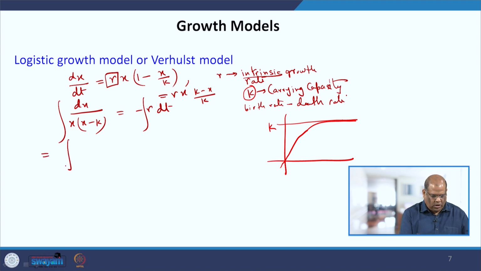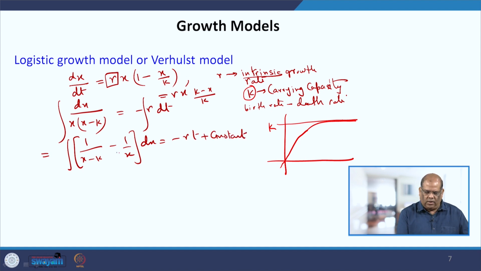This is a partial fraction. I can write like this. So, if I simplify this, I will straight away get this. So, I think I missed x. So, there is a 1 by k.